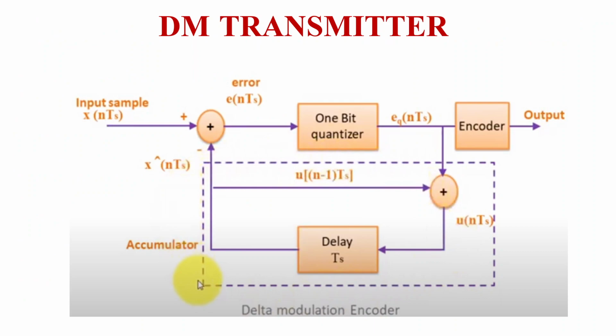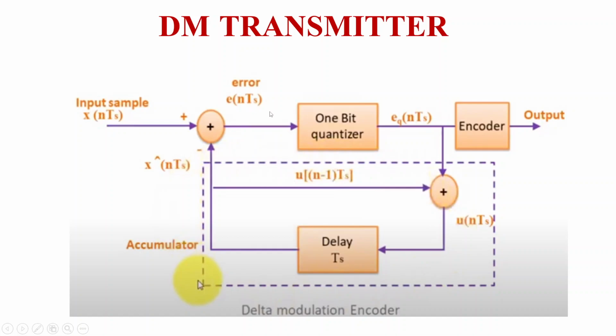So this is the DM transmitter. Here this is the input sample signal x of nTs, and x cap of nTs is the approximated value of this one, which we will get from the feedback circuit. This feedback circuit has one delay element with delay time Ts seconds, and this accumulator will supply the approximated value of the input signal. This adder adds the two signals and produces an error e of nTs. e of nTs is equal to x of nTs minus x cap of nTs.